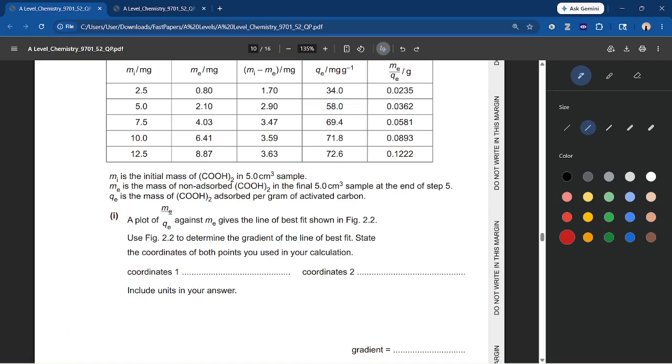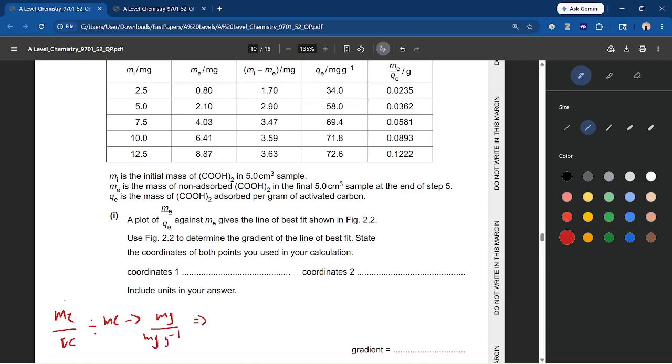Let's take a look at the graph first. A plot of Me by QE. So it's Me by QE, and then you further divide it by Me. So Me is already milligram, and QE is milligram gram minus 1.